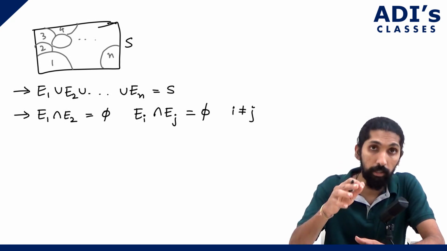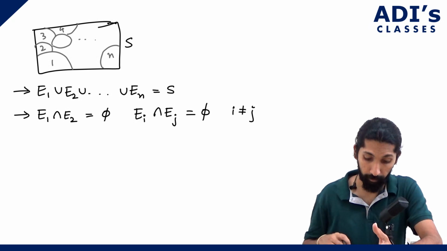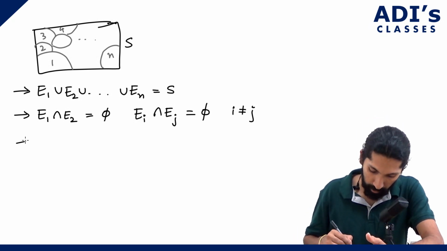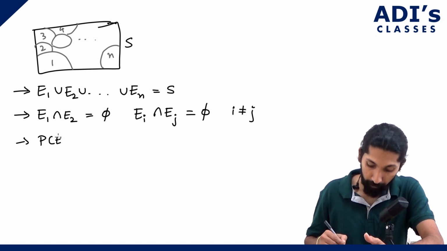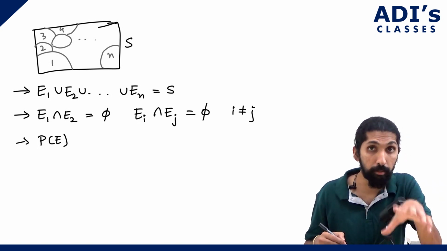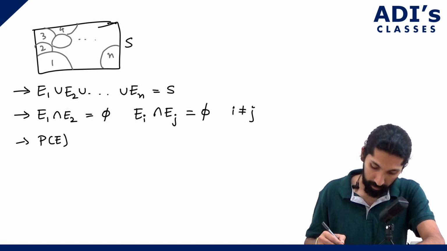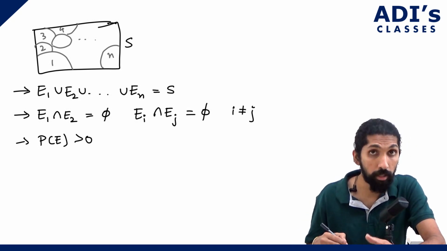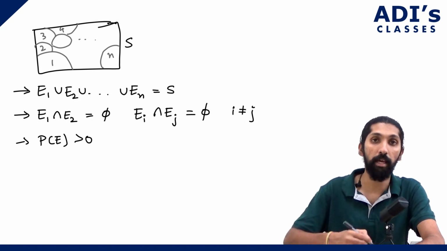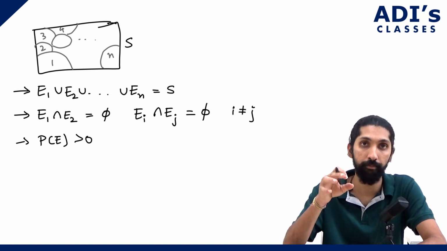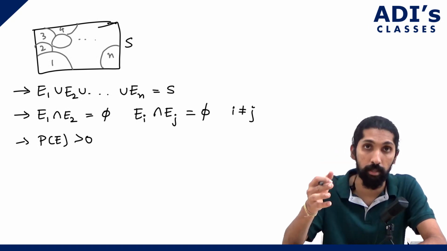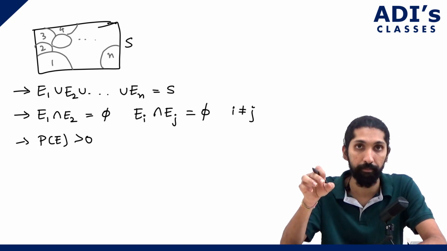Now, the third result of whenever we do the partition, which is obviously quite simple to understand, is that probability of any event we are looking at within that particular sample space is greater than 0. That means it's a non-zero probability. That means an event which will happen, however small the chances are, or however big the chances are, it will happen.